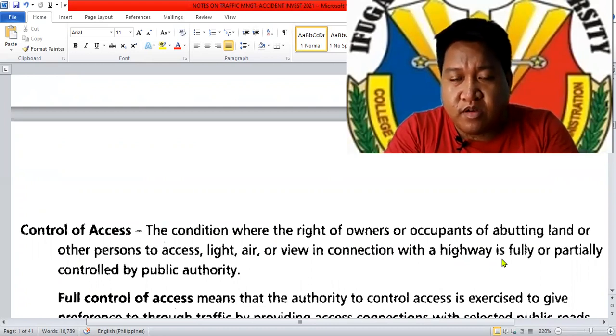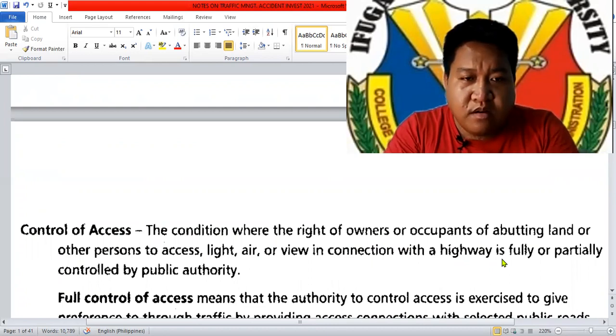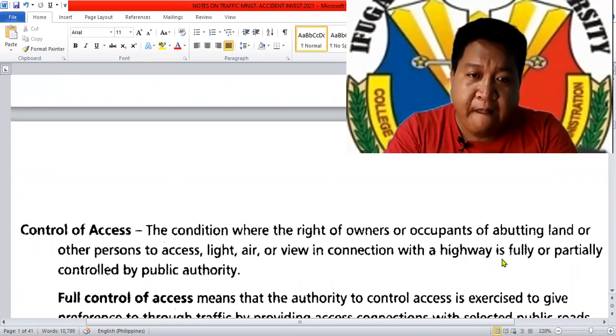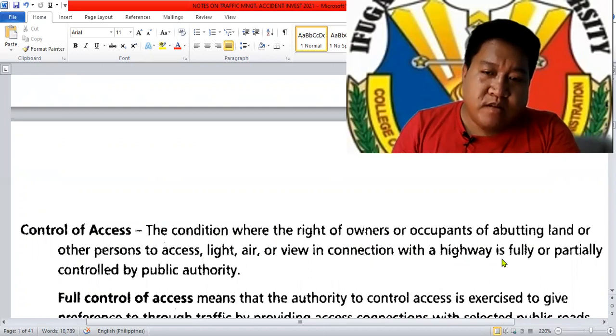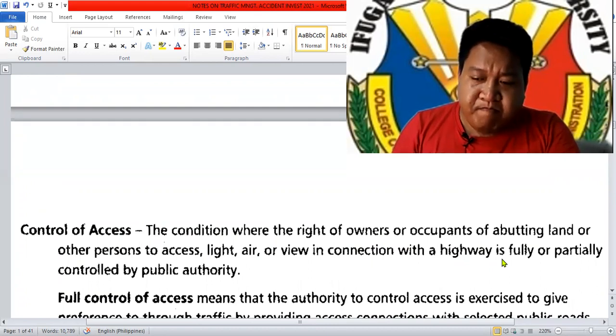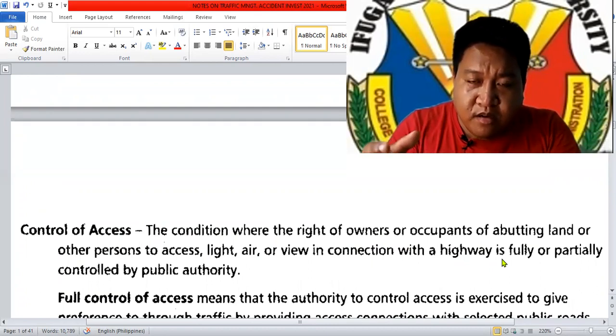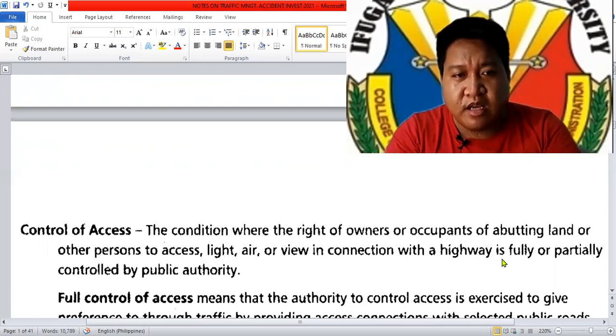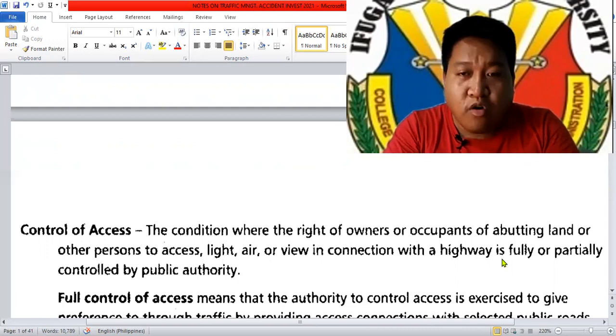No? So sometimes, for example in a subdivision, no? What is that? This roadway is only given to those homeowners, no?